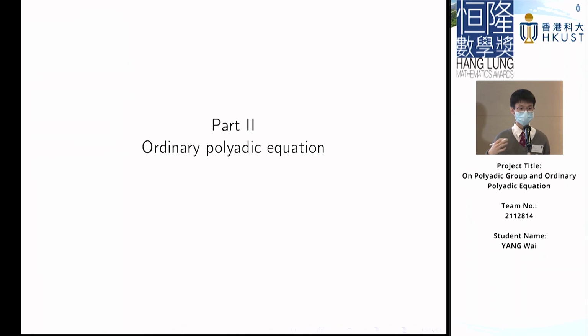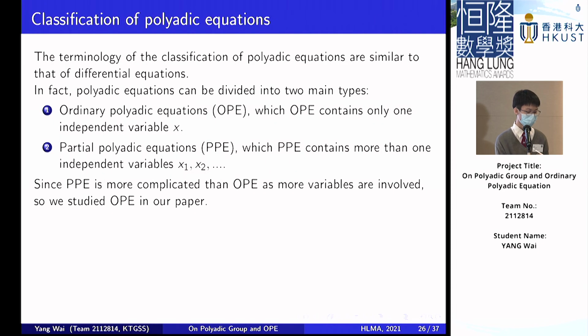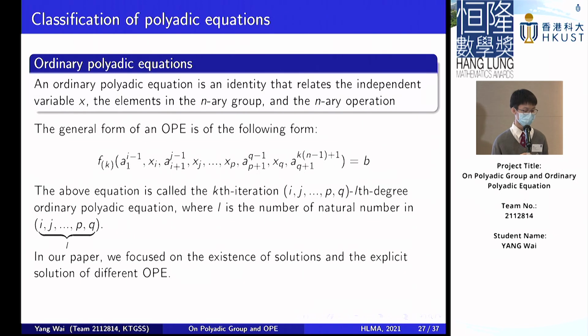Another thing is that in our paper, we introduce the ordinary polyadic equation. For the polyadic equation, we give a classification: the ordinary polyadic equation contains only one independent variable, and the partial polyadic equation contains more than one independent variable. In our paper, we focus on the ordinary polyadic equations.